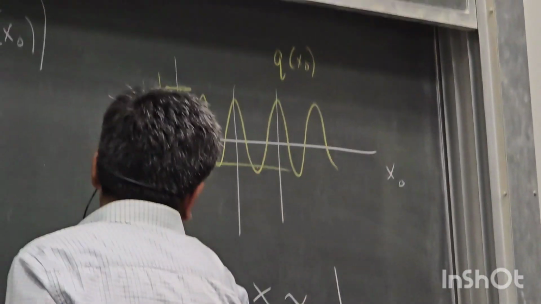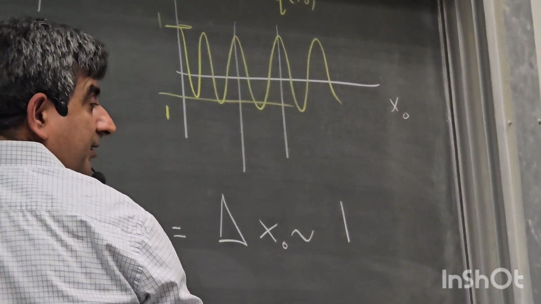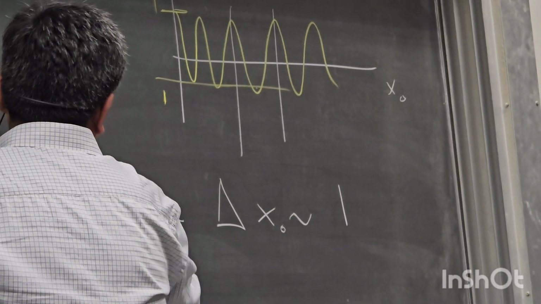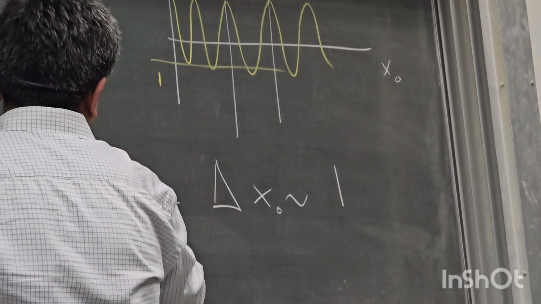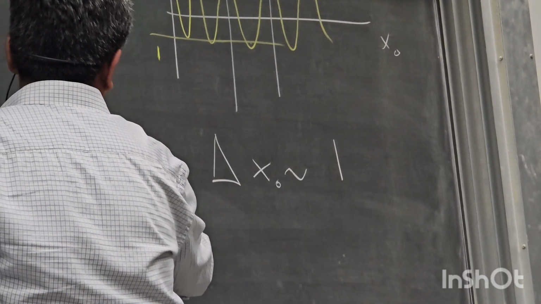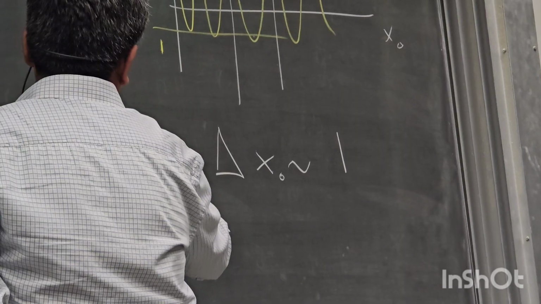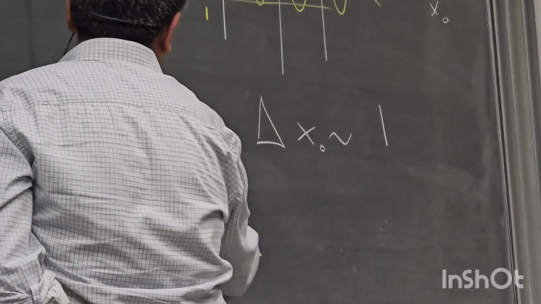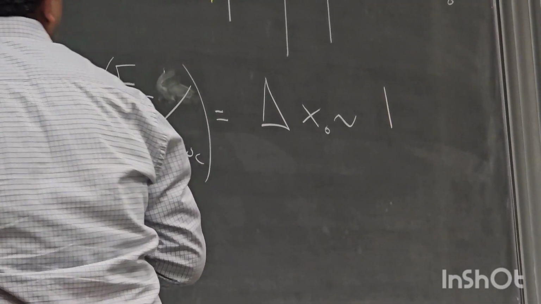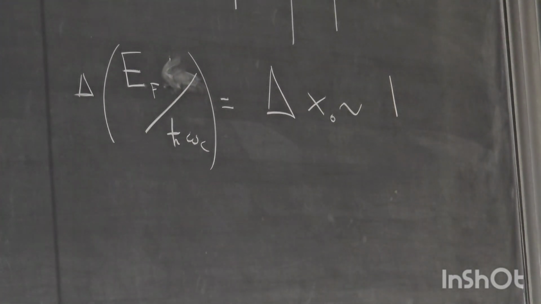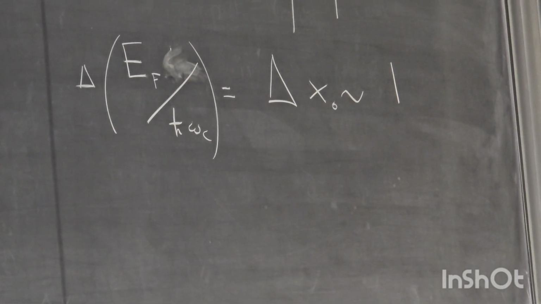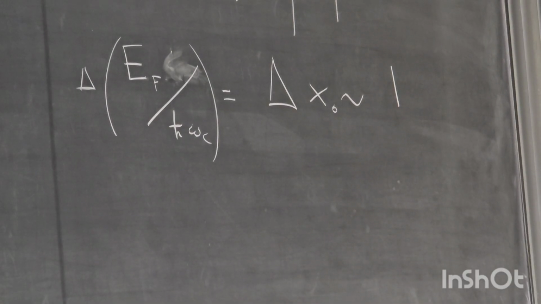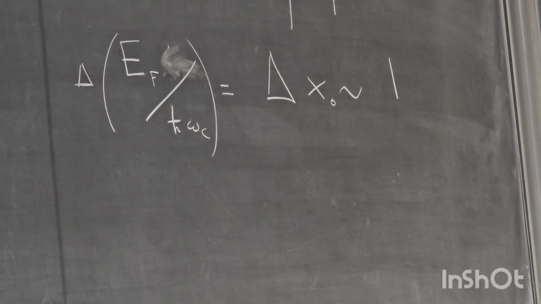And what is delta x naught? This is EF over h bar omega c. This is the period of this function. Omega c is, remember, eB over m.